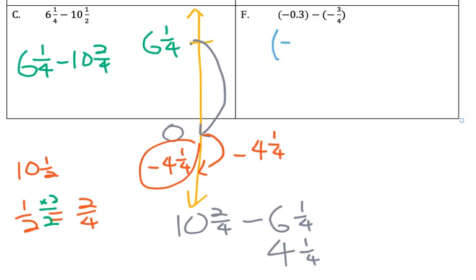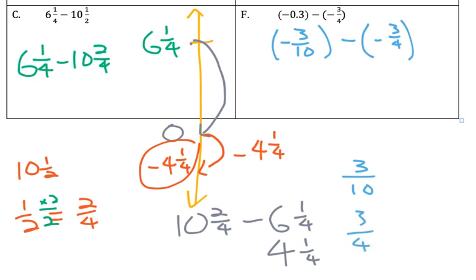-0.3, that's the same as -3/10, minus -3/4. And then I want to take 3/10 and 3/4 and rewrite them so they have common denominators. And if I think about 10 and 4 and their multiples, I realize that 20 is a magic number because they can both get to 20.